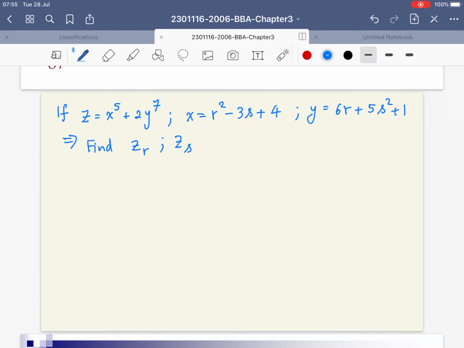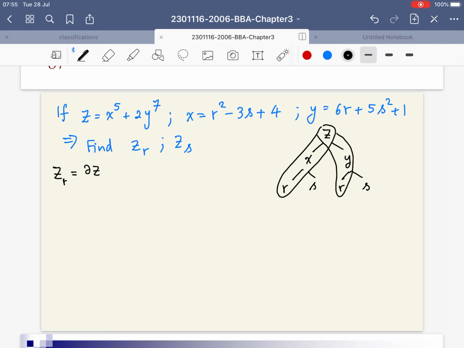All right, let's take a look at another example. As I told you, we encourage you to draw a diagram. Your z depends on x and y, your x depends on r and s, your y also depends on r and s. If you need to find the derivative of z with respect to r, you are going to go through x, and you are going to go through y.